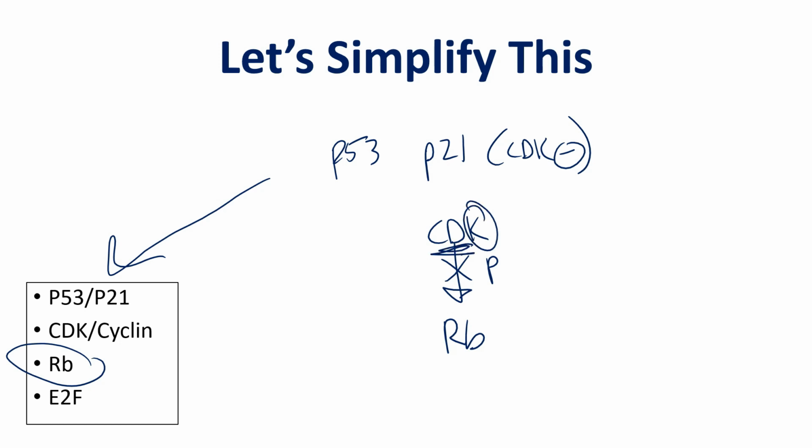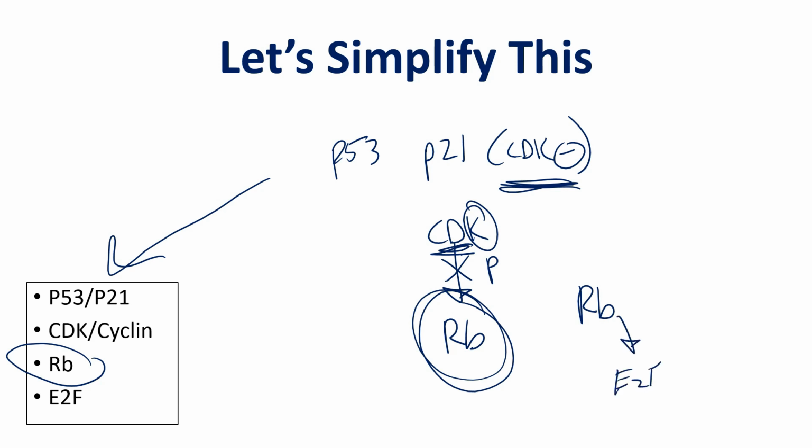It wants to phosphorylate something, but this is shutting it down. It detects the damage. Because it can't be phosphorylated, RB is able to run rampant through the cell. And RB is free and no longer has all these phosphates around it, so RB can easily bind to E2F. When E2F is bound by RB, it's shutting down E2F. So E2F will not allow the progression of G1 to S.